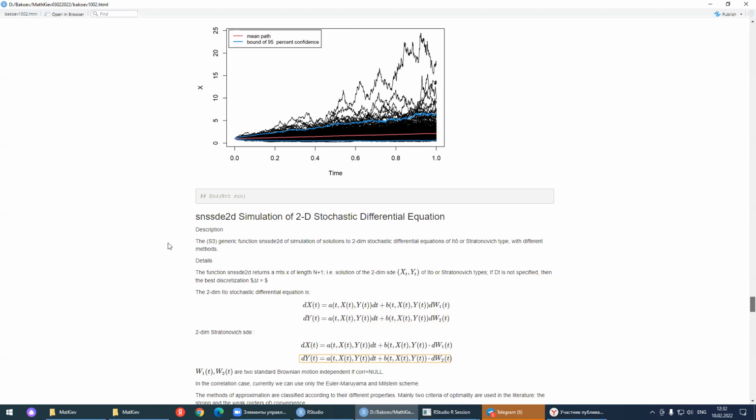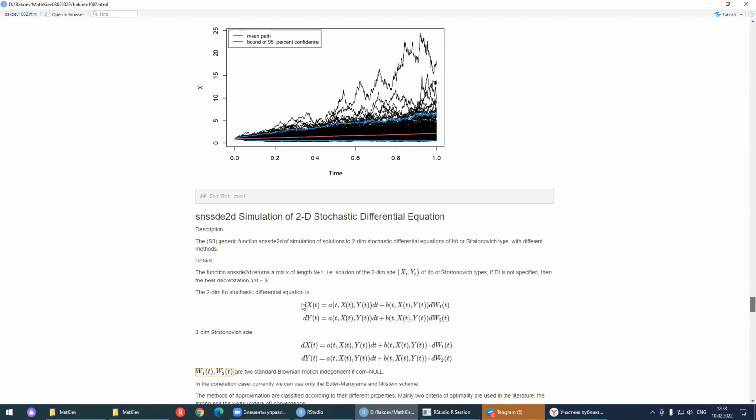The first one: omega-1 and omega-2 are two independent standard Brownian motions, so the correlation between them equals 0. And then we can discuss the case when we have some correlation between omega-1 and omega-2, with a correlation matrix.